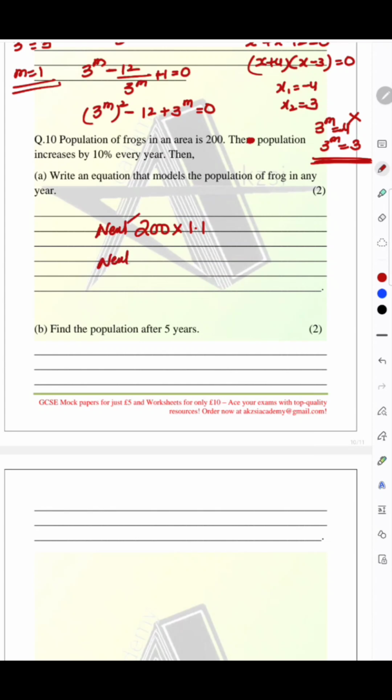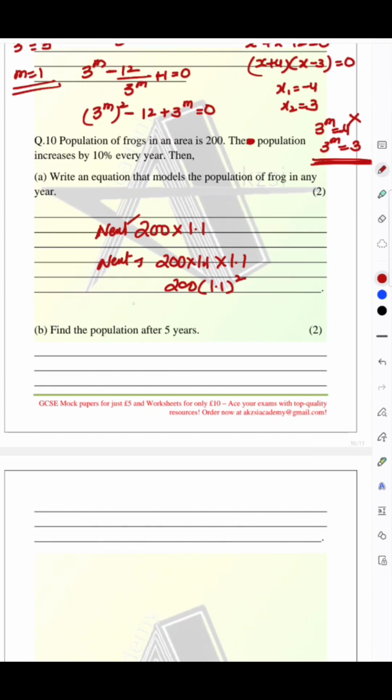Then the year after, again 10% of this will increase, which means now this is our initial amount and 1.1 of this will increase. So it will become 1.1 to the power of 2. Then for the next year, it will become to the power of 3, then 4. So at any time, my equation for the population in year n is 200 times 1.1 to the power of n.